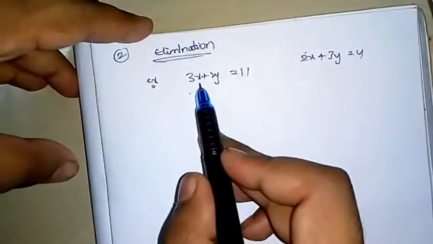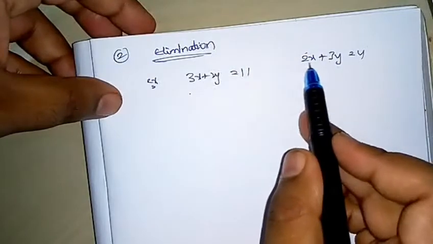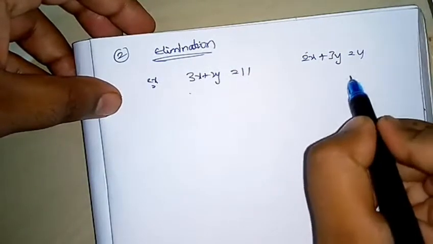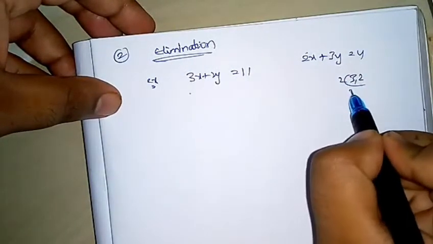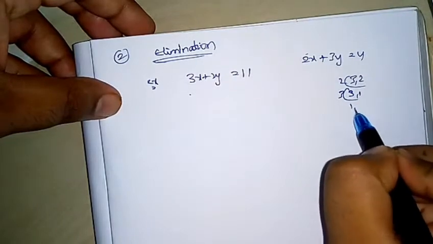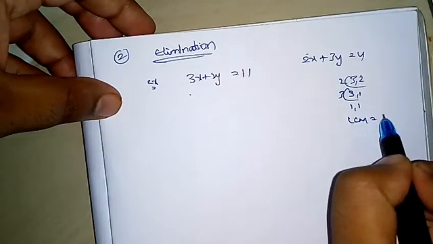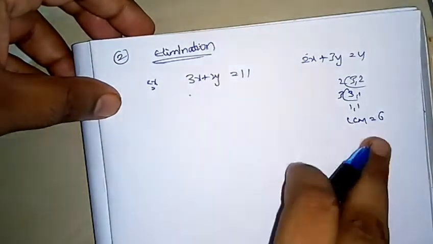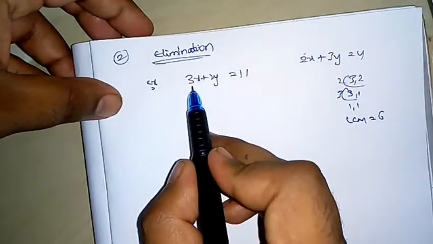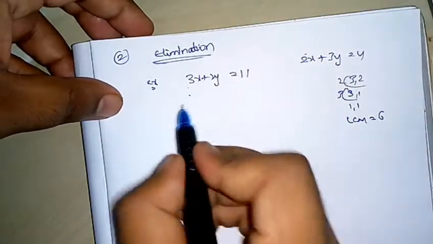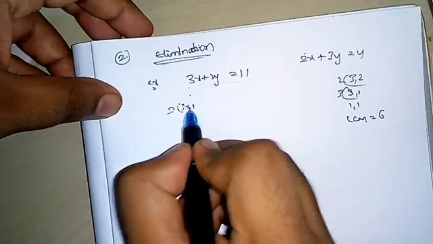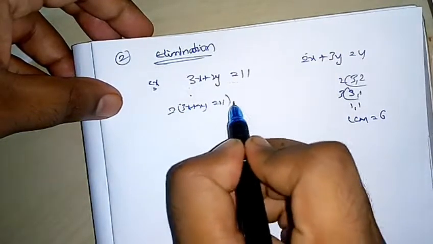Let's make it for x. Here you have 3x and here you have 2x. So the LCM of 3 and 2 is 6. Let's make the coefficient of x as 6. To make it 6, you have to multiply this equation with 2. So 2 into 3x plus 2y is equal to 11.